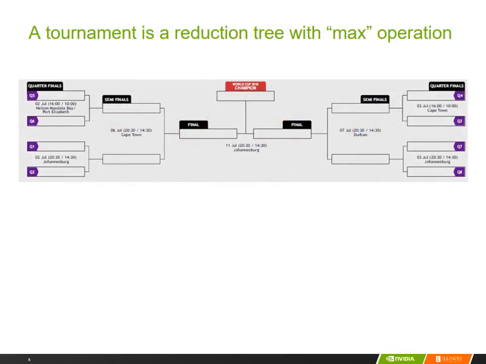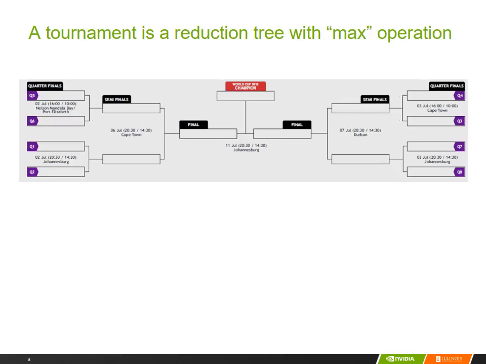In real life, we use a reduction tree for many logistics. For example, here we show the final schedule of the World Cup, in one of the World Cups, which was held in South Africa. Here we show the final 8 teams, and at the outermost, the purple tabs, we show the 8 teams, and then each of them will pair up and have a game so that we produce 4 winning teams.